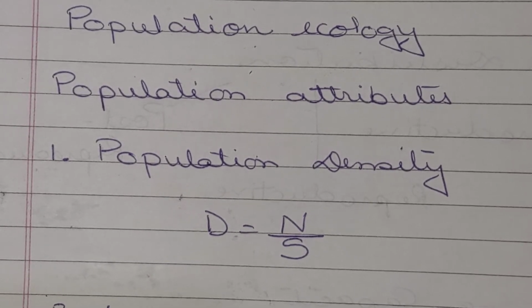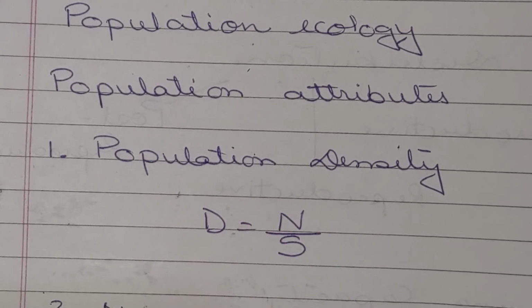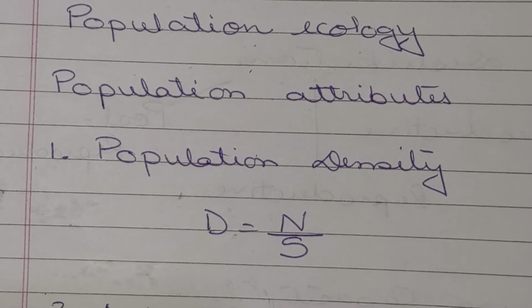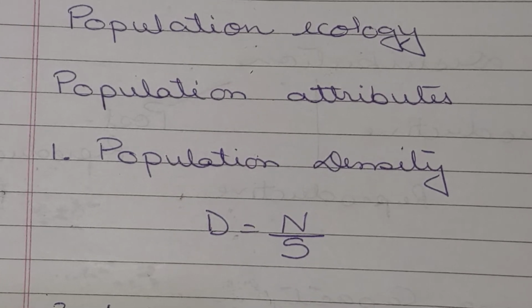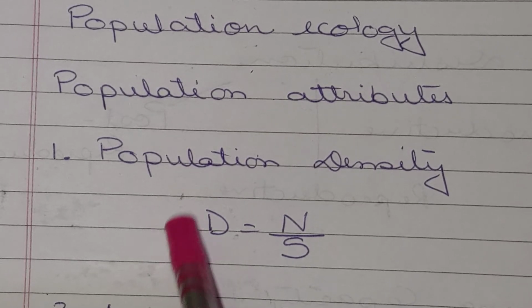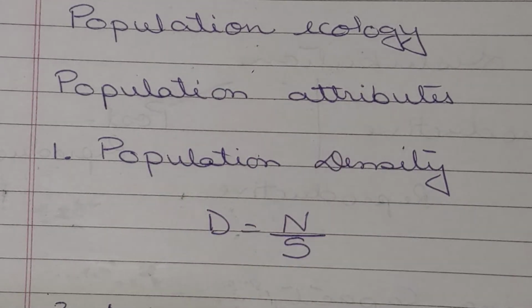In this formula, D indicates the population density, and N, the total number of individuals, is divided by the area occupied by the population. So this gives us the population density of a particular area.